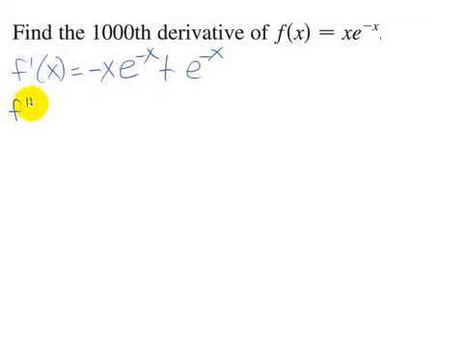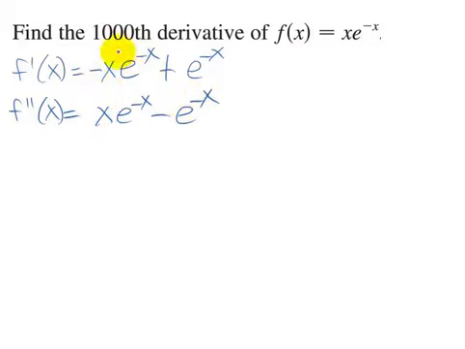Let's go ahead and take a second derivative. So looking here, we have x e to the negative x, but we have the negative of that. And so we started with an x e to the negative x, so the second derivative is going to look just like this, but with opposite signs for this first term. So it's going to be x e to the negative x minus e to the negative x.